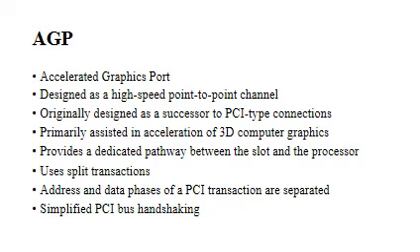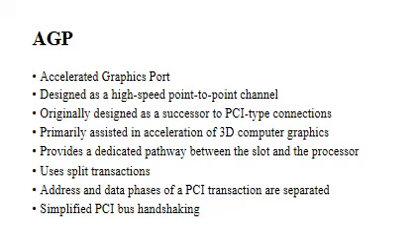The primary advantage of AGP over PCI is that it provides a dedicated pathway between the slot and the processor rather than sharing the PCI bus. In addition to a lack of arbitration for the bus, direct connection allows for higher clock speeds.